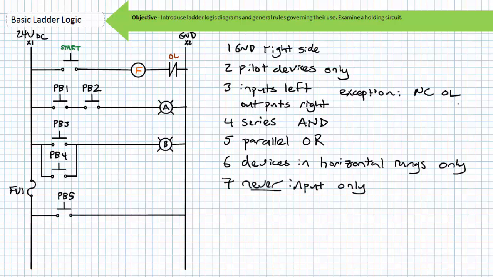A rung in a ladder logic diagram is never composed of input devices only. If an operator closed push button 5, the rung would experience a short circuit from X1 to X2 with no opposition to current flow. The fuse in the vertical upright would blow, and your lab instructor would issue you an express ticket to push-up land if you were to ever do something stupid like this.